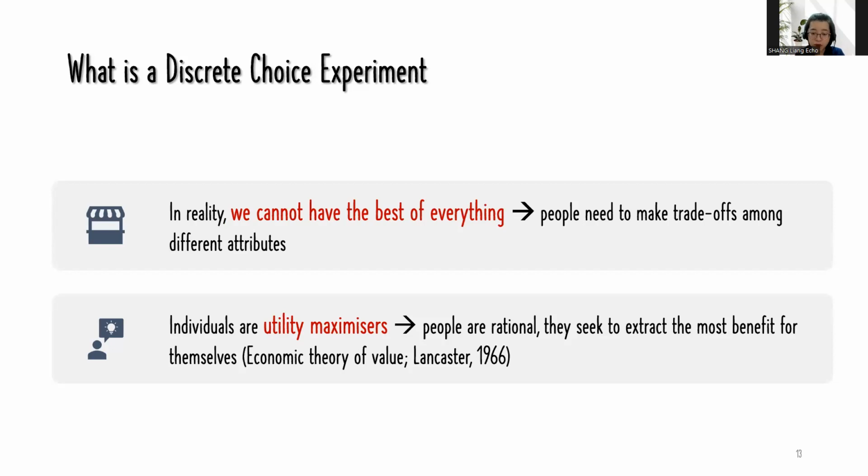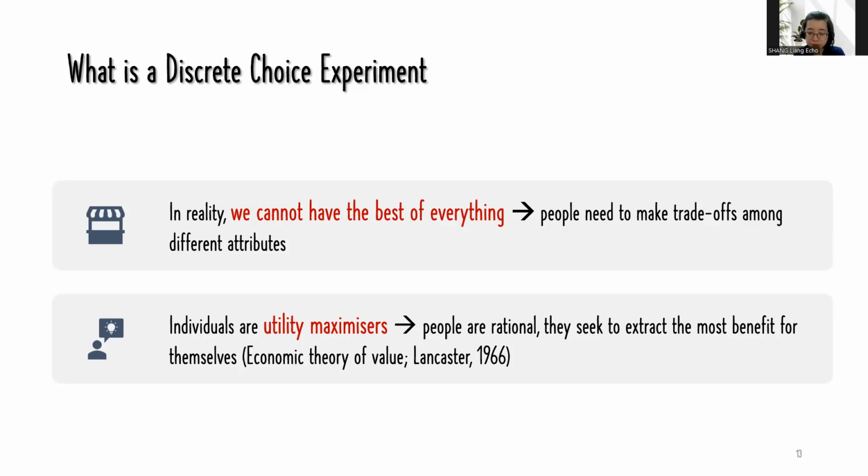If you go for a low price iPhone, then the function must be relatively lower or less satisfying than the pricey option. So in reality, we have to make trade-offs like this because we cannot have the best of everything.